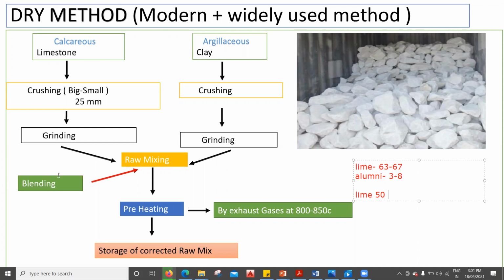The process of adding materials to the original ingredients so that the proportion is corrected is called blending. In blending, we see what the exact proportion of all these raw materials should be. If there is an excess, we take it out, and if there is a shortage, we add it. This is called the blending process. Once the blending is done along with the raw mixing, the correct proportions are obtained.